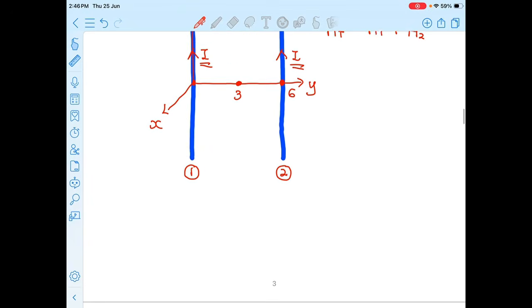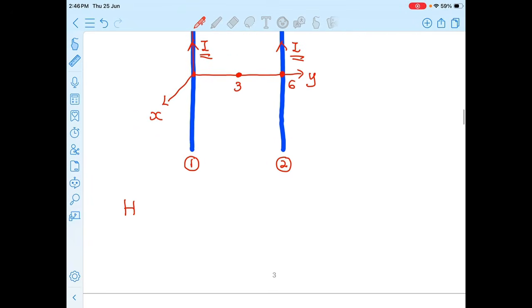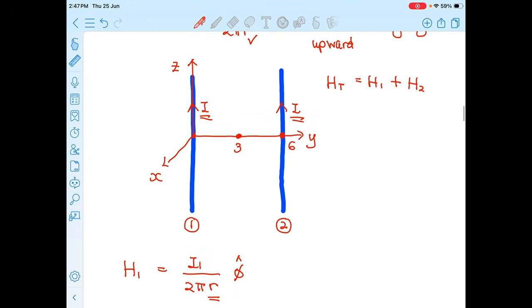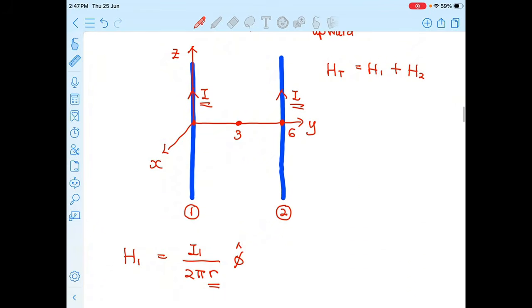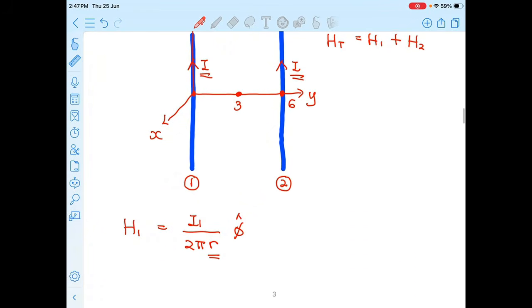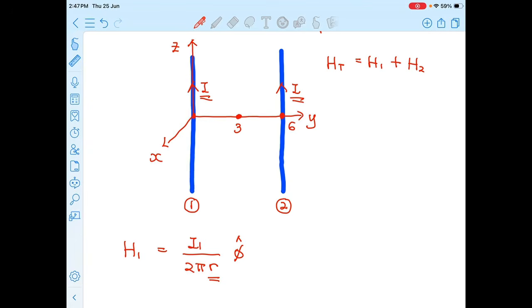So let's apply the formula. For H1, it is equal to I1 divided by 2πr in the aφ direction. So how to get r? Remember we have to find a point T. Where is point T? In this case, according to wire number 1, I will write it down as T1.